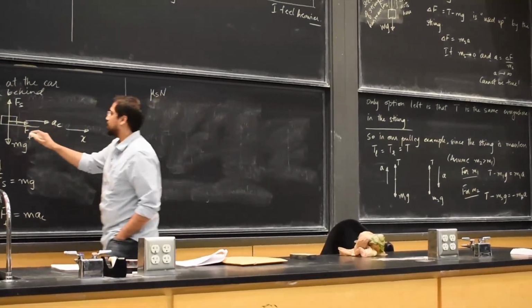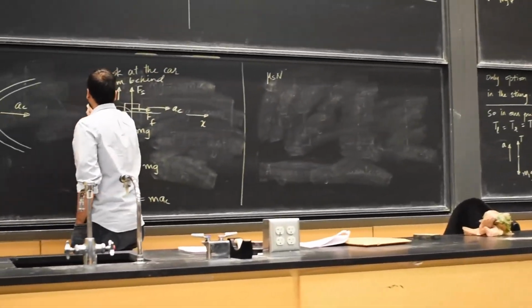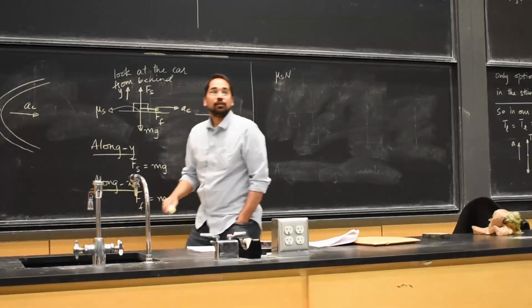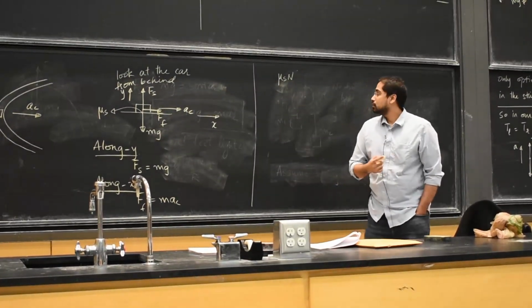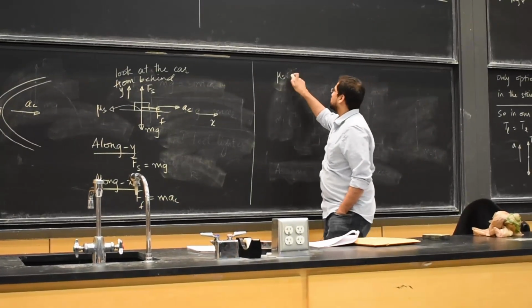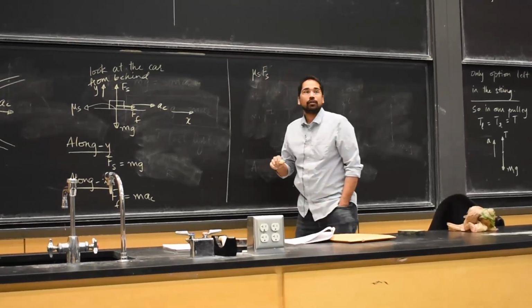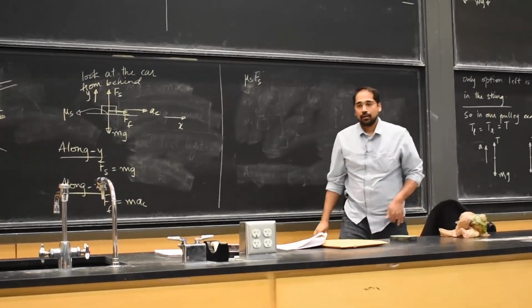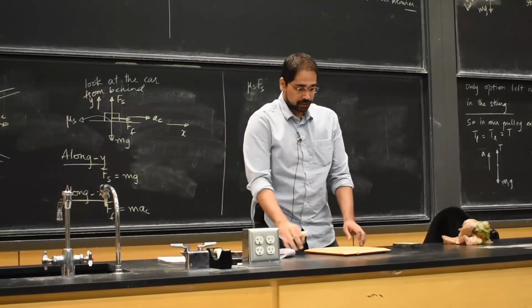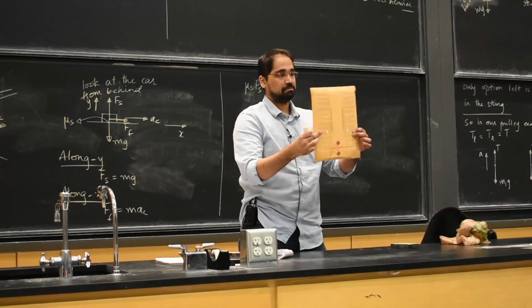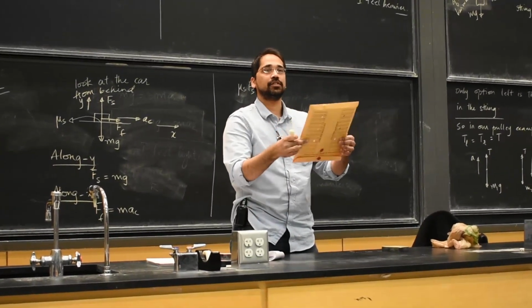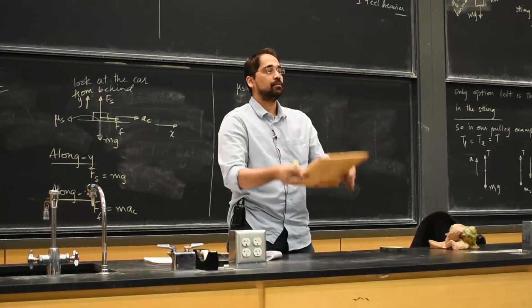Well, okay. So let's say I have a coefficient of static friction μs, times Fs. Assume this is half a kilo, a reasonable assumption. So this is half a kilogram, okay? 0.5.